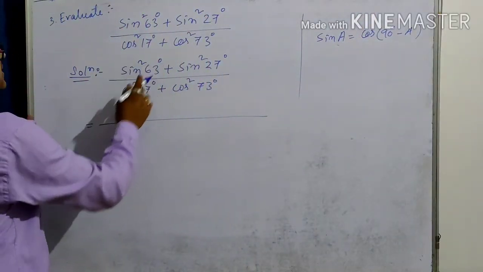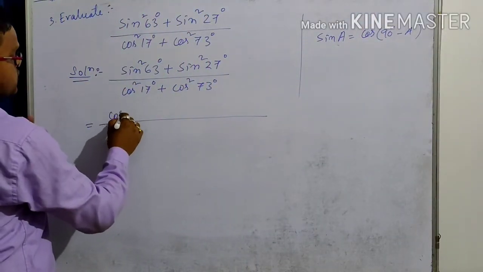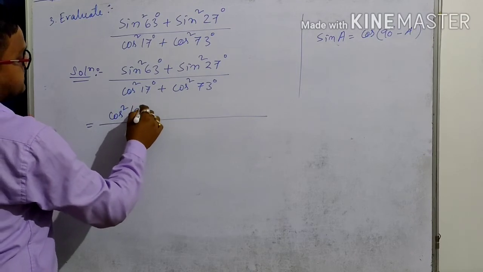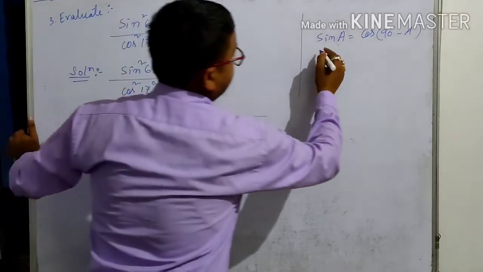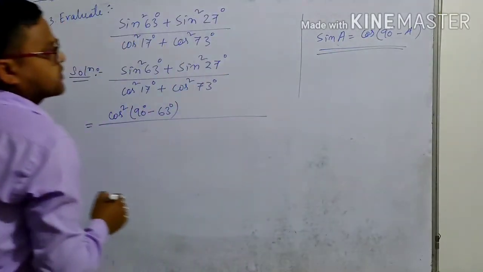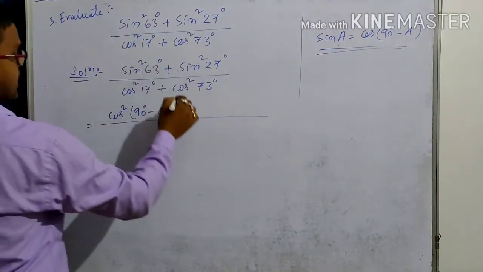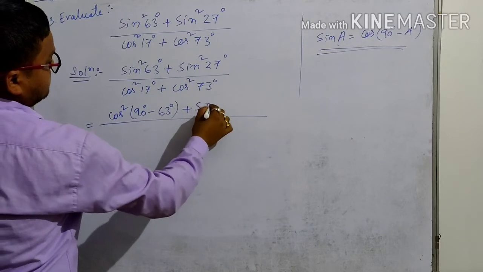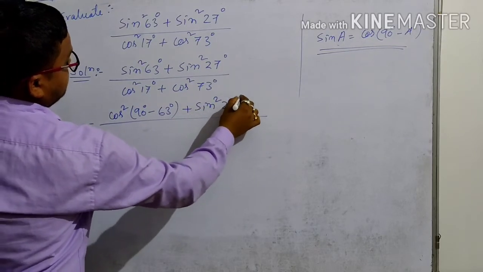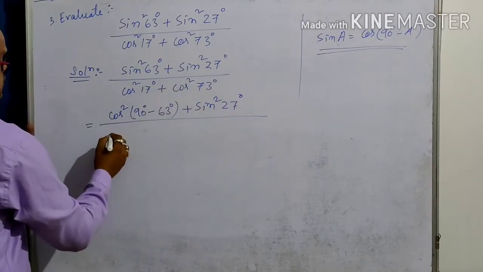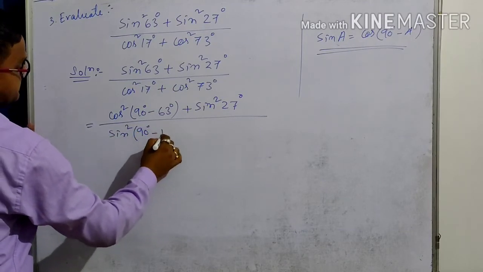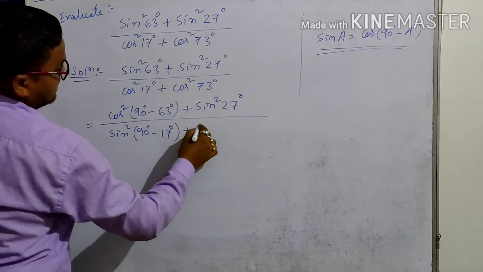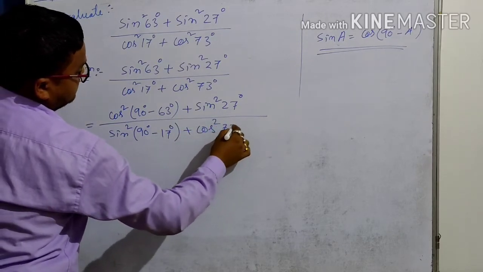So sin square 63 degree, how can you write? This is cos square 90 minus 63 degree, applying the complementary angle, and the remaining part you write same. Now the denominator also you can express like that, cos square 90 minus 17 degree plus cos square 73 degree.